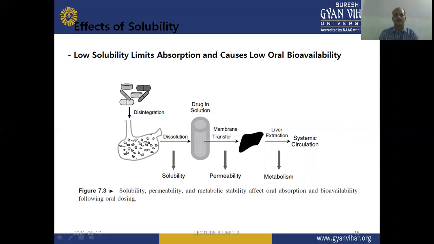Low solubility limits absorption and causes low oral bioavailability, whereas high solubility increases absorption and causes high bioavailability. You can see in the picture here how solubility, permeability and metabolism are related to each other.